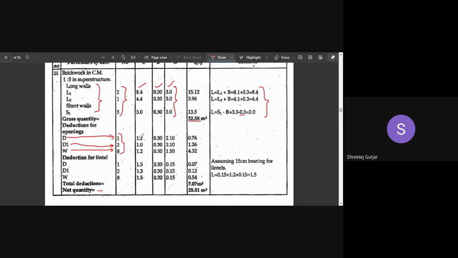You can see in the schedule of openings, which is given just below your plan, the sizes of your doors, windows, and ventilators are given. But this plan does not have any ventilators.